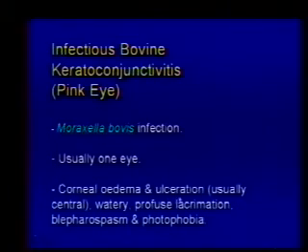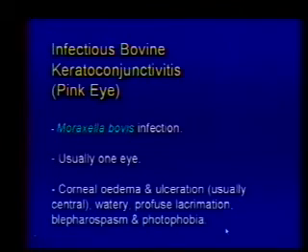There's corneal edema with ulceration, usually a central opacity or central ulceration, and one of the first signs that we see is epiphora, watery secretions, profuse lacrimation, with blepharospasm and photophobia. These are among the early signs.